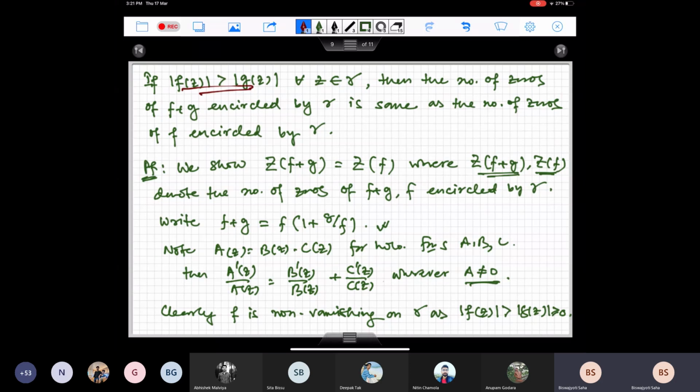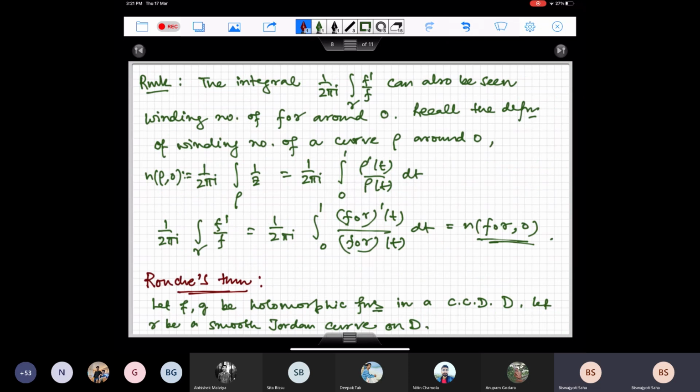So this is the content of Rouché's theorem, along with some applications of the Cauchy residue theorem. I'll stop here for today, and in the next class we are going to discuss some more of these applications. You will see that the Cauchy residue theorem is a very powerful statement, and a lot of important information can be derived from it.